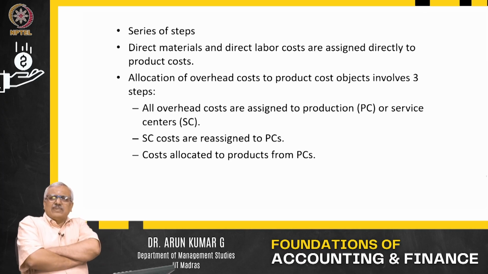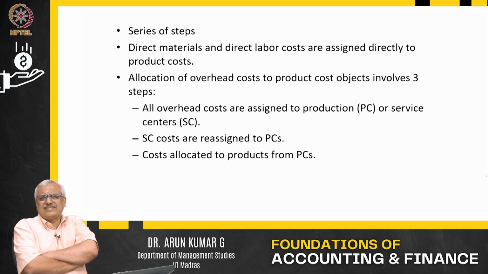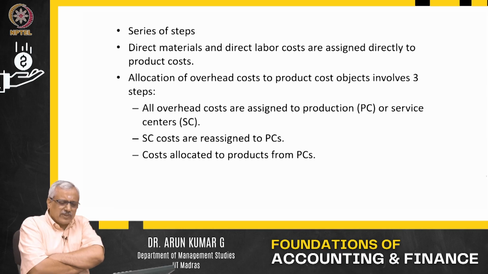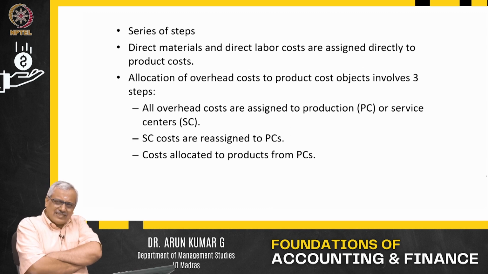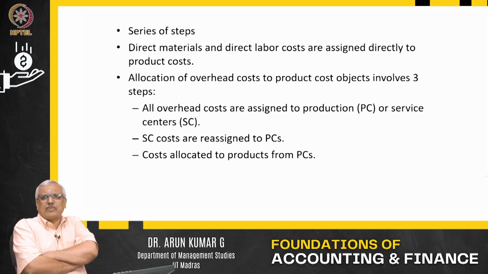In the conventional system, they adopted a series of 3 basic steps for allocating these overheads. All the overheads are to be assigned to the production centers or the service centers. The service centers will reassign the cost to the production centers. See what happens.